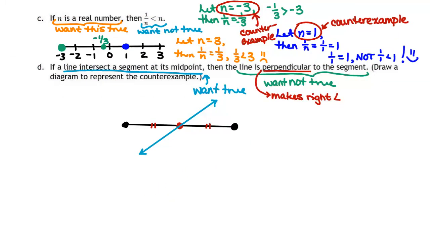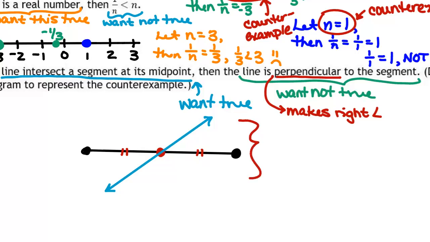Does that blue line go through the segment at the midpoint? Yes, so the first part of my sentence is true. Is that blue line making a right angle with the black segment? No. So this would be a counterexample. This shows that my statement is not always true.